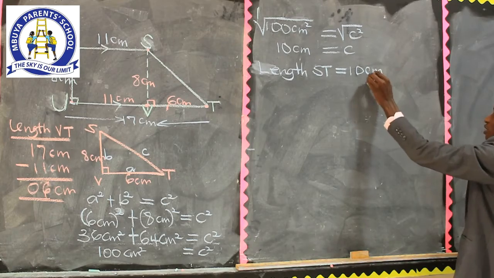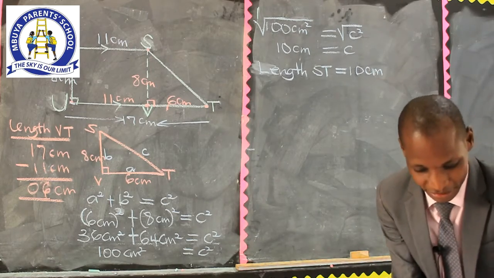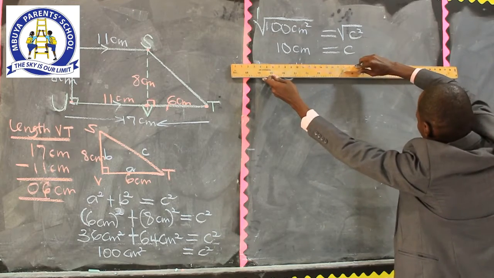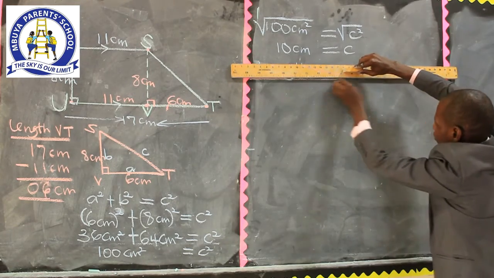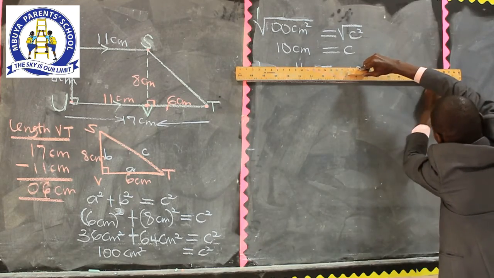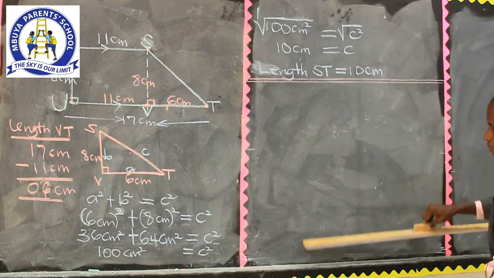As usual, underlining the answer is very important. Get your ruler, don't use a free hand. Get your ruler and underline the answer for smartness of your work.